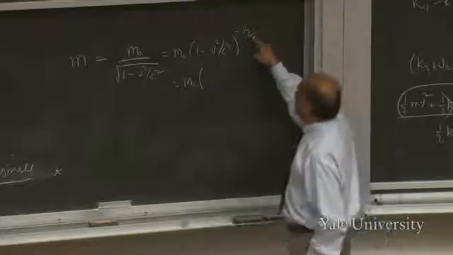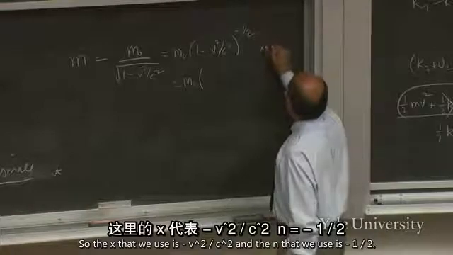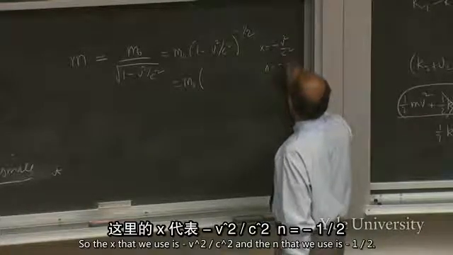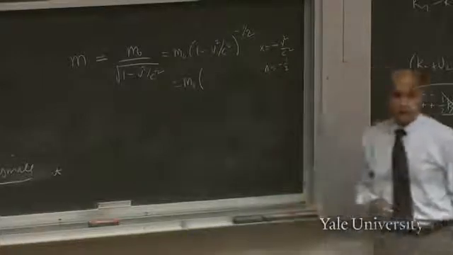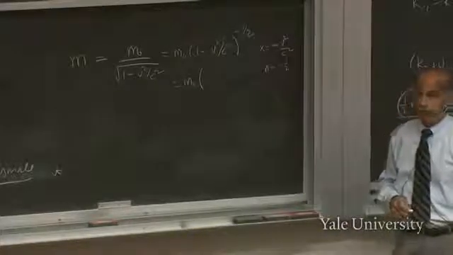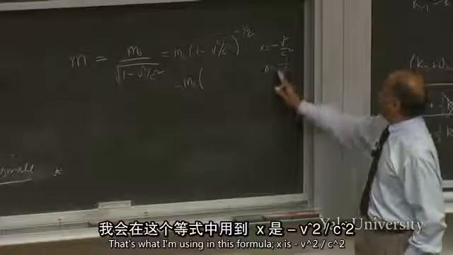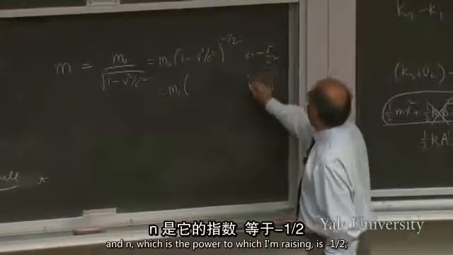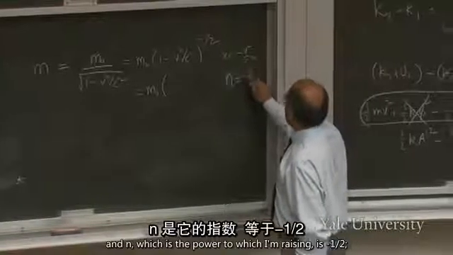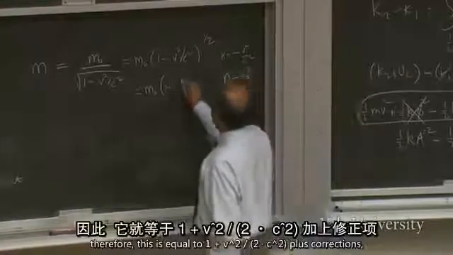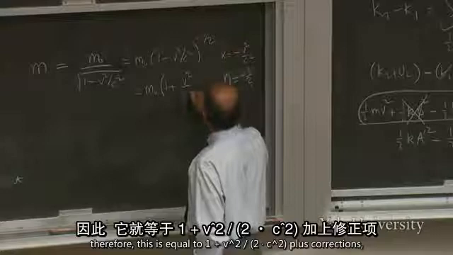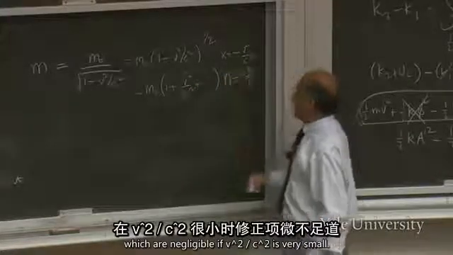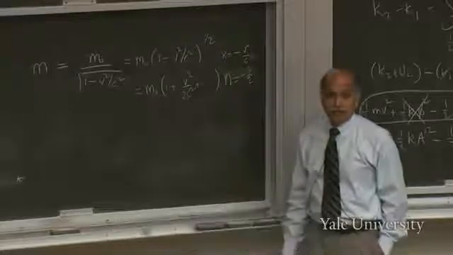So the x that we use is minus v squared over c squared, and the n that we use is minus 1/2. That's what I'm using in this formula. x is minus v squared over c squared, and n, which is the power to which I'm raising, is minus half. Therefore, this is equal to 1 plus v squared over 2c squared, plus corrections, which are negligible if v squared over c squared is very small.